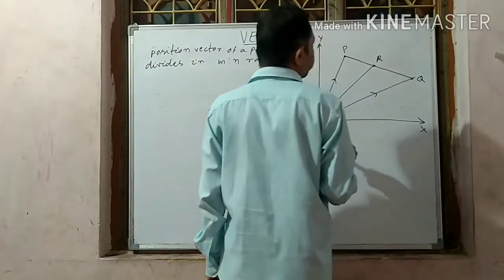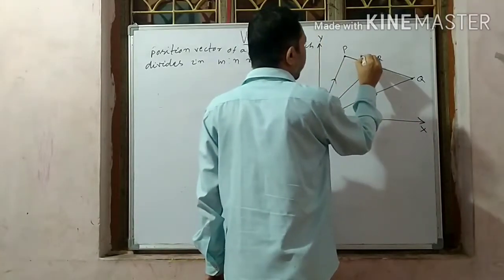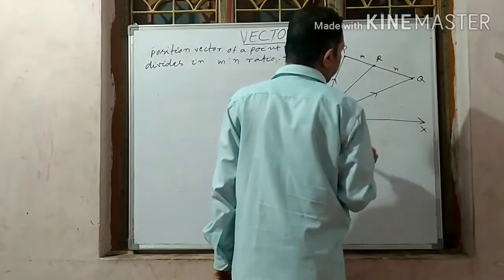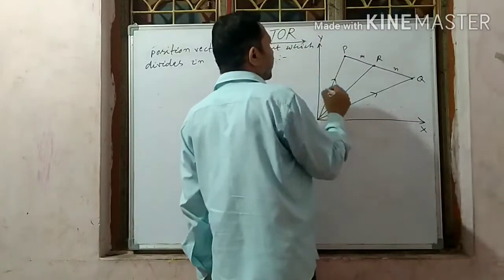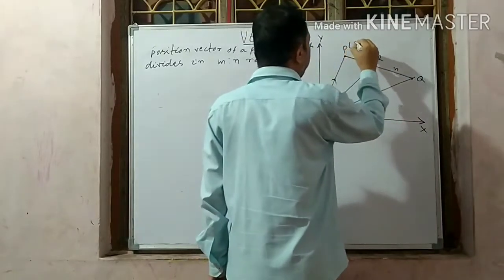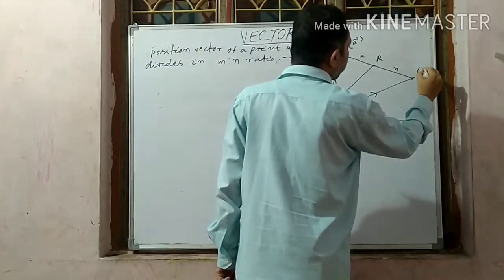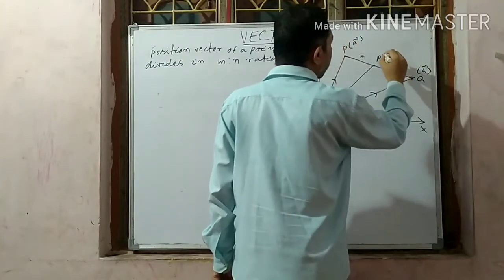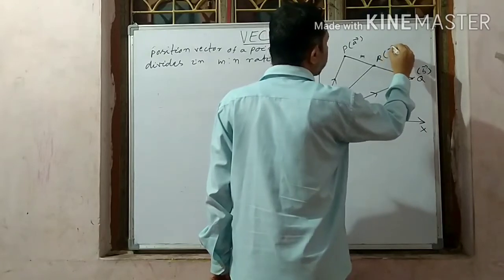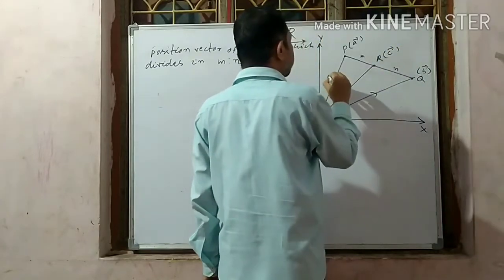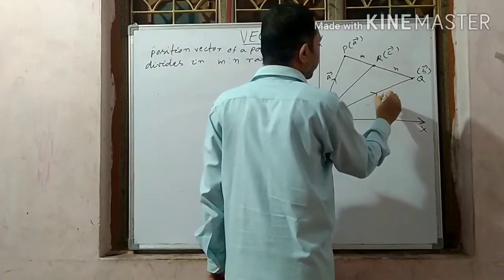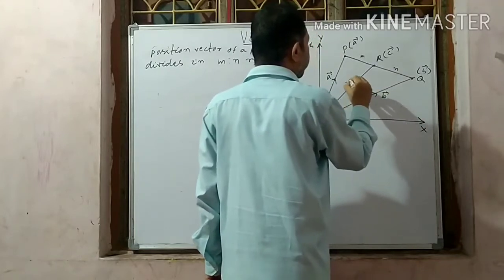R divides PQ in m is to n ratio. The position vector of P is A, position vector of Q is B, and position vector of R is C. That is, this is vector A, this is vector B, and this is vector C.